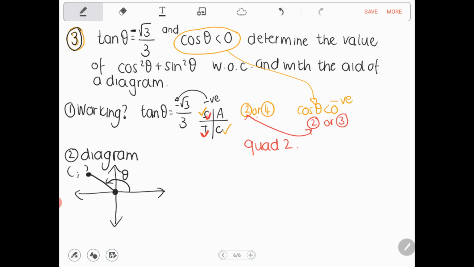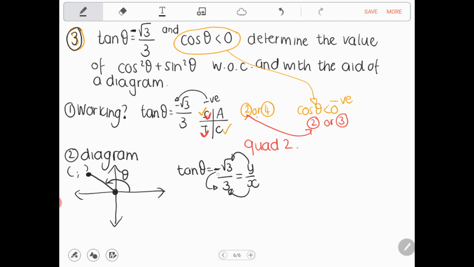Okay, let me go back and see what the question was. It was cos squared plus sine squared. What is the value of that? All right, so cos is x over r, and remember the square goes on the outside, sine is y over r. All right, so we said just now x was -3, y was square root 3, and r was square root of 12.